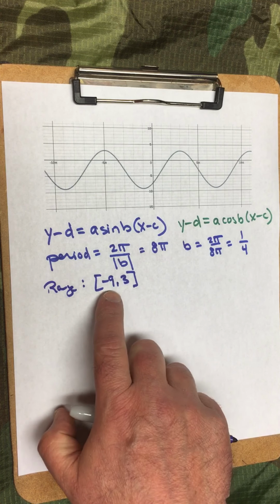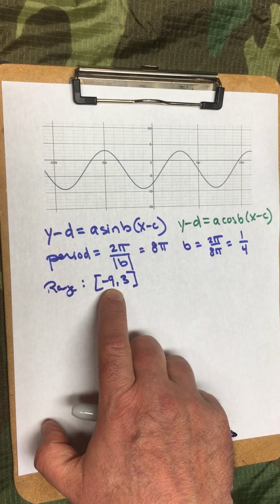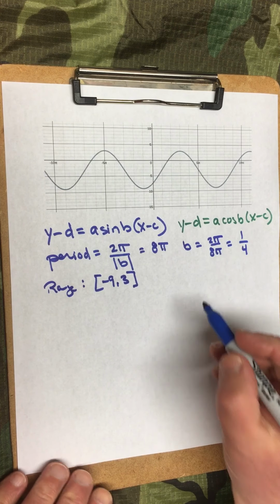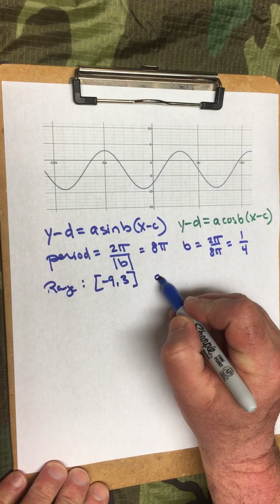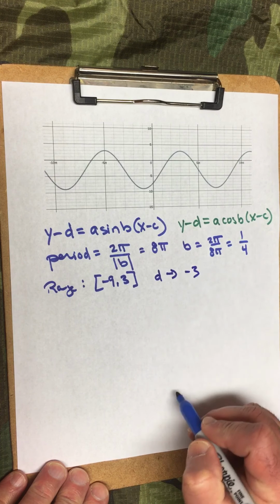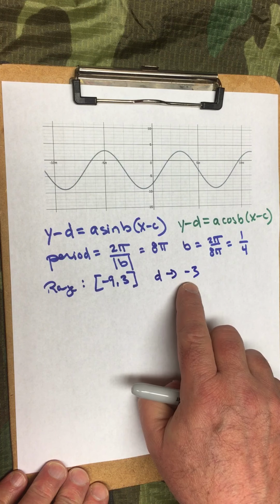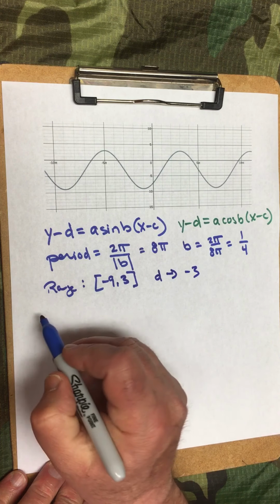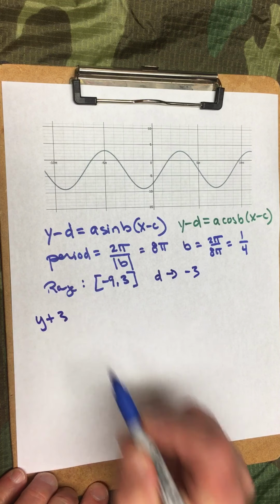Teammates, on the number line, what number is exactly between -9 and 3? I think it's -3. So teammates, doesn't that tell me that d has to be -3? When I sub in a negative for d, the signs will change, right teammates? So won't I have y + 3?